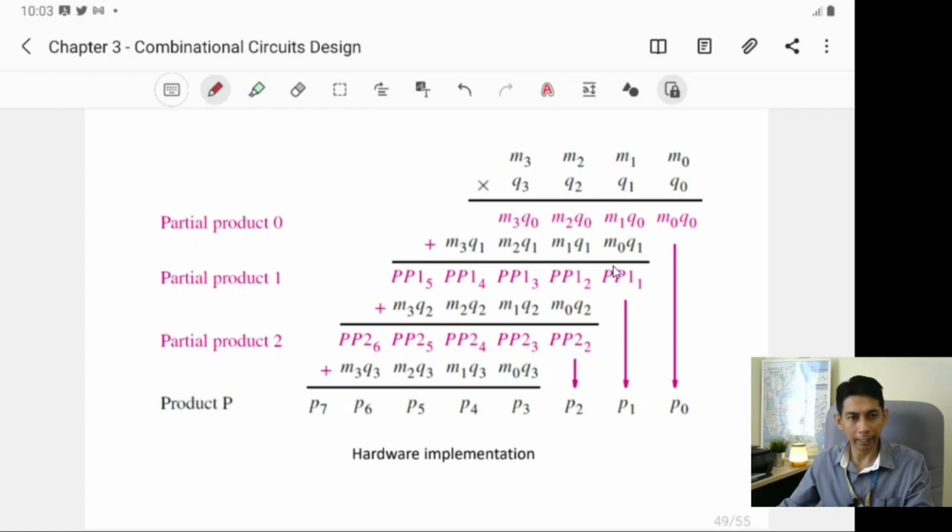And again, this one we use an adder. Here we use an adder to add this to this. And we have partial product 1, the first bit, and it goes to the output. This one add this one, this one add this one, you get this. You add with 0, nothing here, you get this.